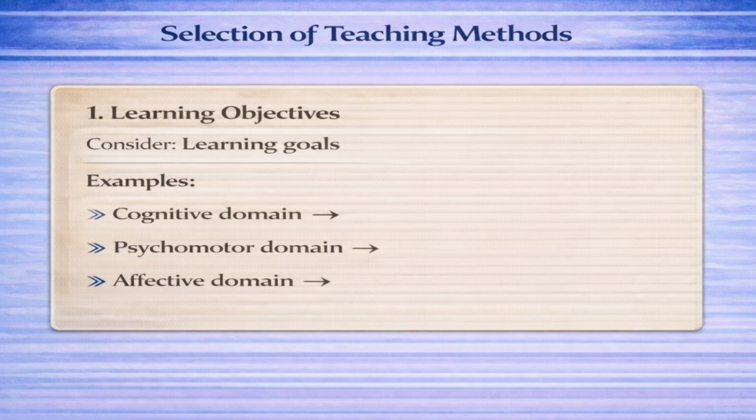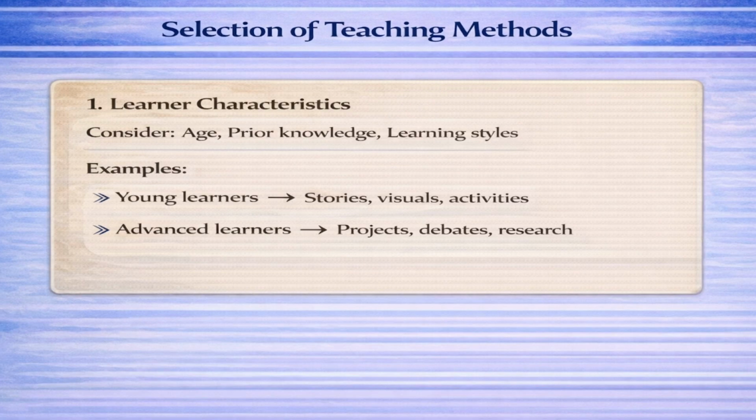If the objectives relate to the psychomotor domain, then hands-on activities should be selected to develop practical skills. For affective domain objectives, group work and role play are suitable because they help shape students' attitudes, values and social skills. Therefore, the selection of teaching methods should always match the proposed learning objectives. I hope this is clear.